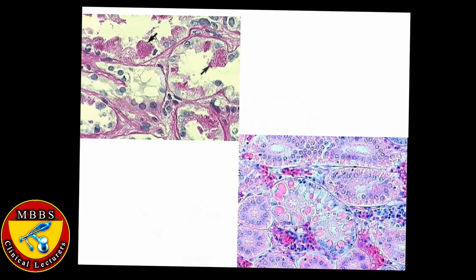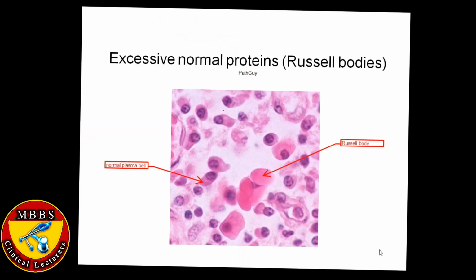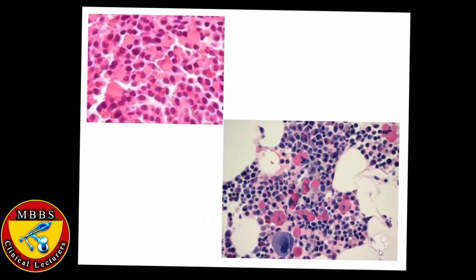Again, protein accumulation is seen in the glomeruli of the kidney. In this picture, we are seeing excessive protein, which we call Russell bodies, and secondly, normal plasma cells. Again, due to excess protein, we are seeing plasma cells as well as Russell bodies.